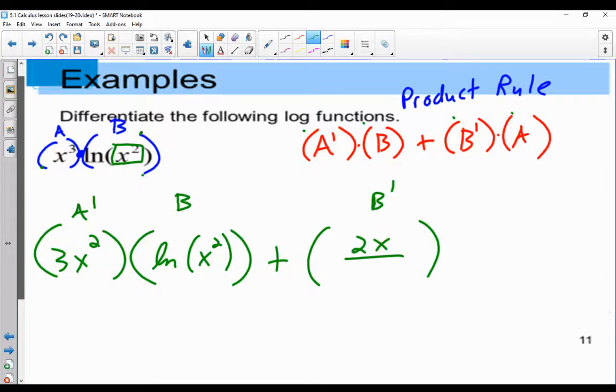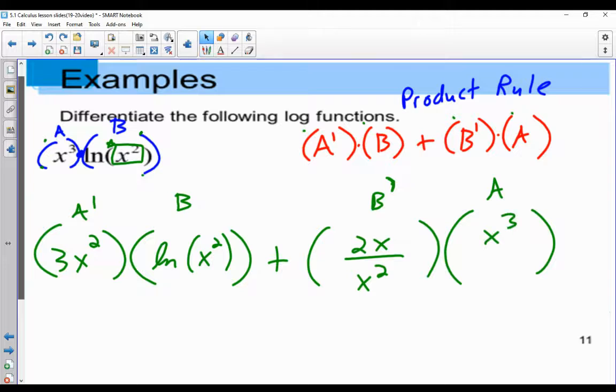On bottom, we'll put the original, which was just x squared. And again, the natural log is gone at that point. You don't need it anymore once you do the B prime. And then last, we'll just put the regular A, where the regular A is x cubed. All right. We've done A prime B plus B prime A. Now we just need to simplify.